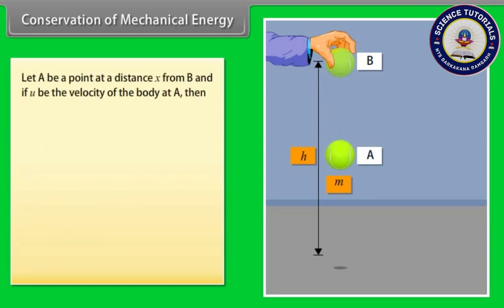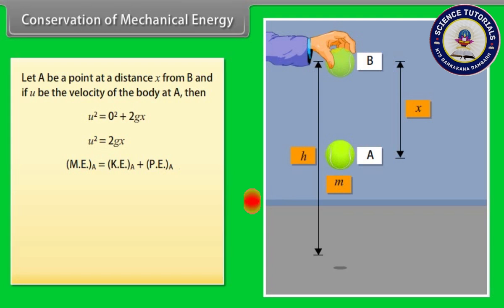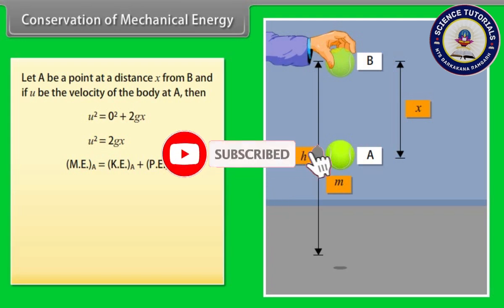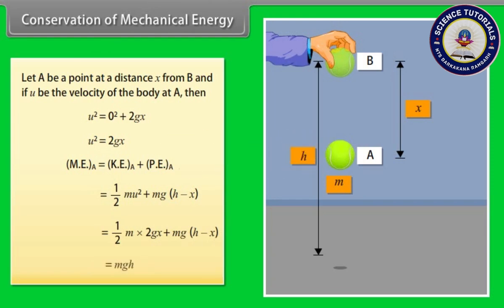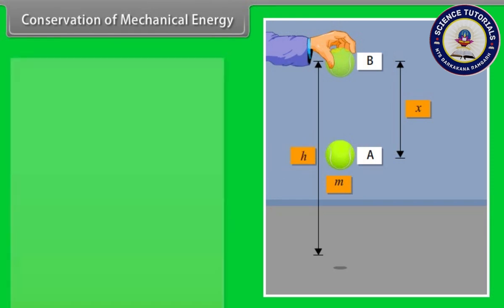Let A be a point at a distance x from B, and let u be the velocity of the body at A, then u squared is equal to 2gx. Mechanical energy of the body at A is equal to kinetic energy of the body at A plus potential energy of the body at A. By calculating it, we get the mechanical energy of the body at A is mgh.